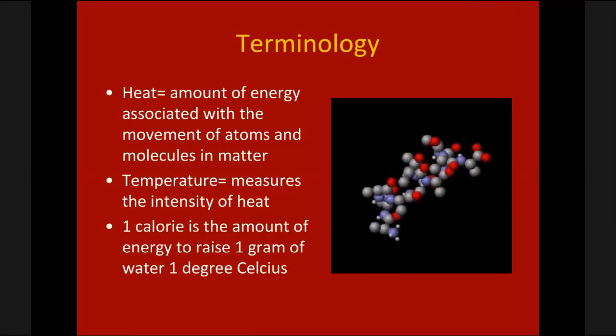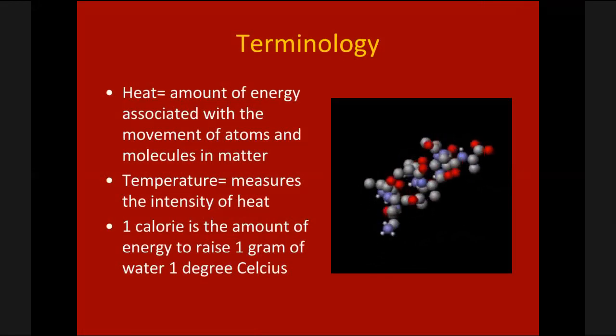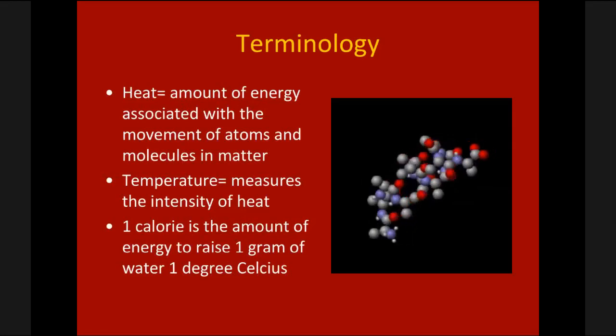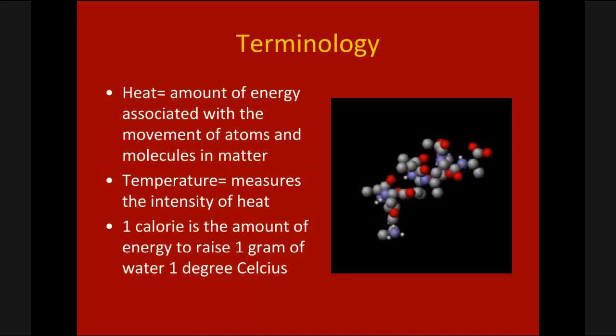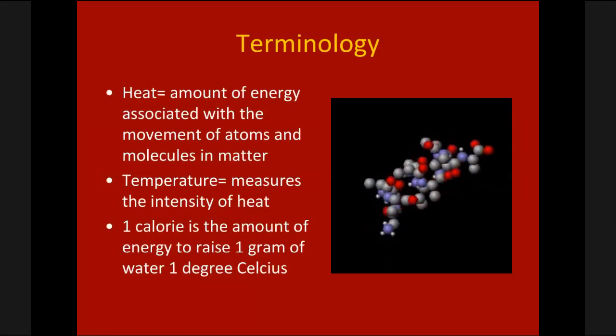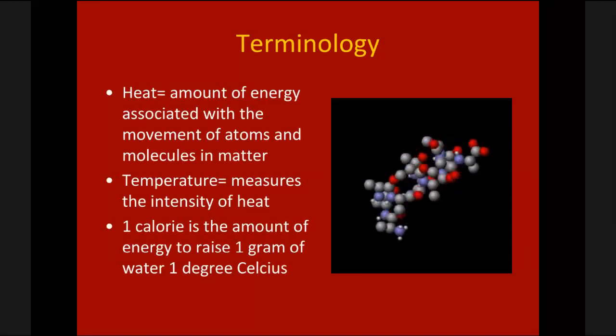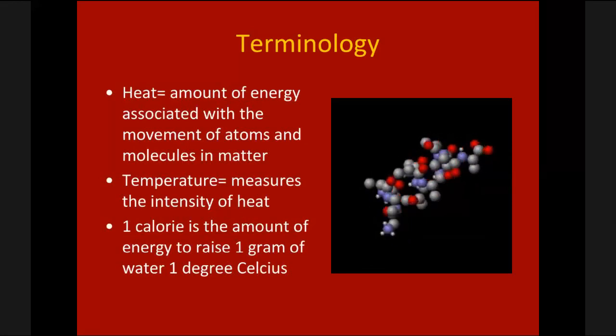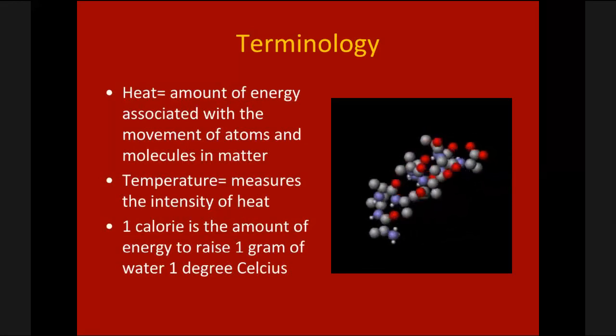Now, before I move on and finish the rest of the properties, I want to take a little sidebar. The next two properties of water are associated with heat. So I want to first define heat so that we all understand what it means. Heat is the amount of energy associated with the movements of atoms and molecules in any matter. Atoms are moving around in the environment, and remember that when we have motion, we have kinetic energy.